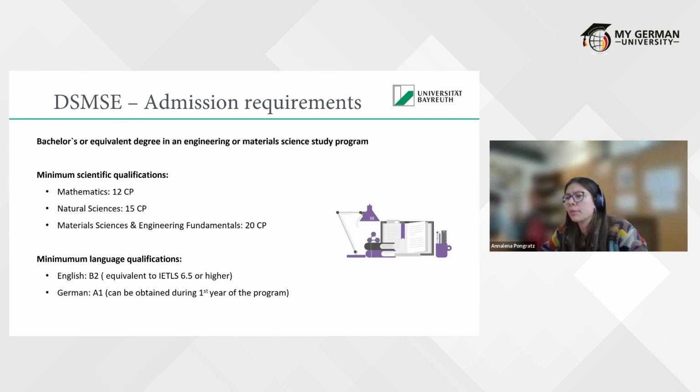For language requirements, you would need at least English B2 level, equivalent to an IELTS of 6.5 or higher, and a German language requirement of A1, which can be obtained during the first year of the program. So this does not have to be finished at the time of your admission.